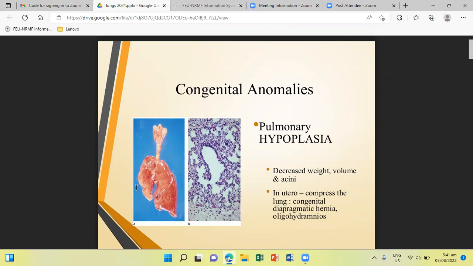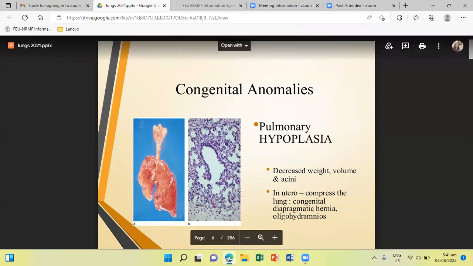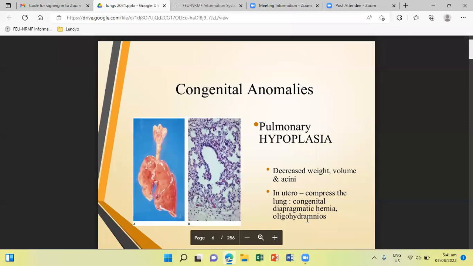One may be more affected than the other, like in this case, which results in decreased weight, volume, and acini for body weight and gestational age. The cause can be anything that compresses the lung or impedes the normal lung expansion in utero.